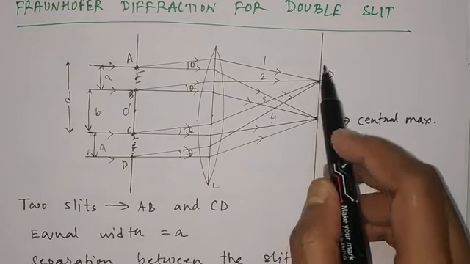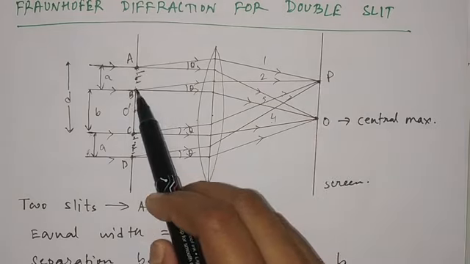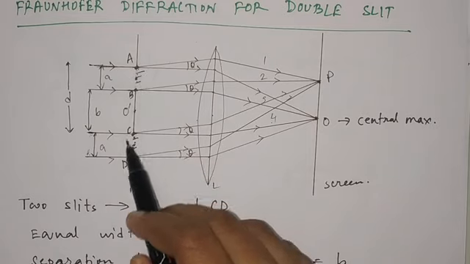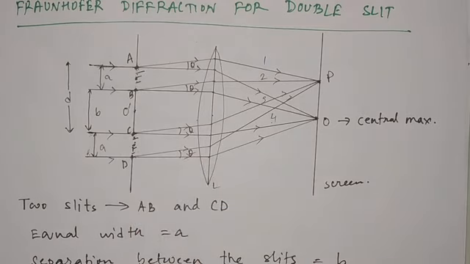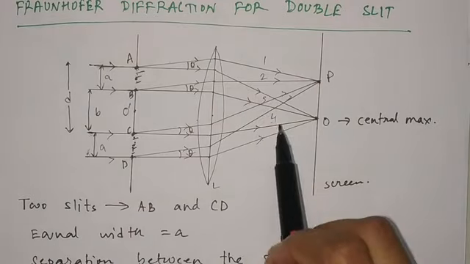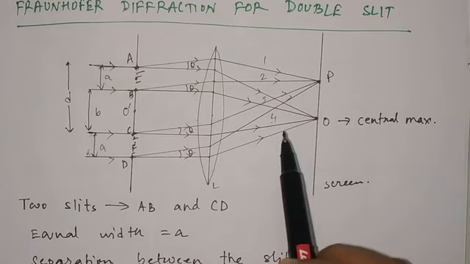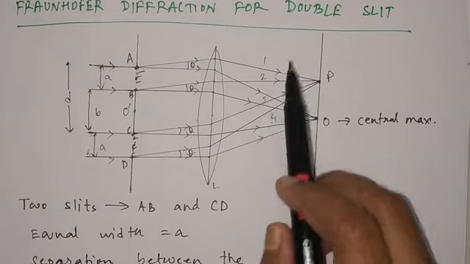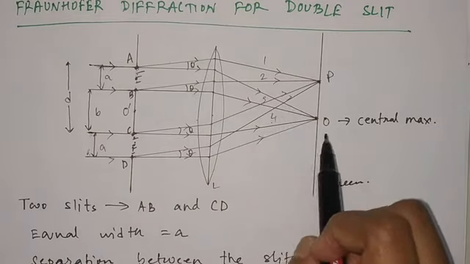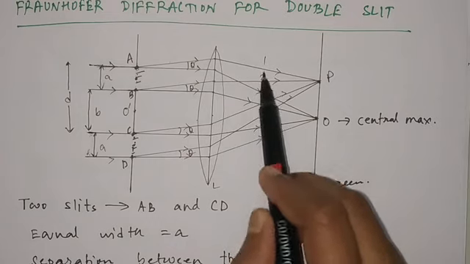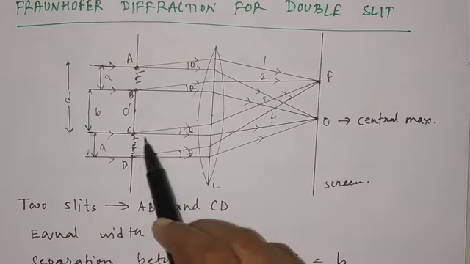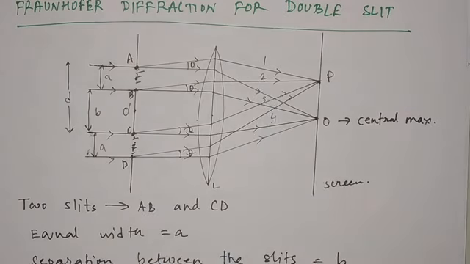So there will be diffraction among the rays coming from AB and also among the rays coming from CD. But the rays not only interact among themselves, they also interact with the rays of the other slit. That is, the rays coming from AB will also interact with rays coming from CD. So what will we get?